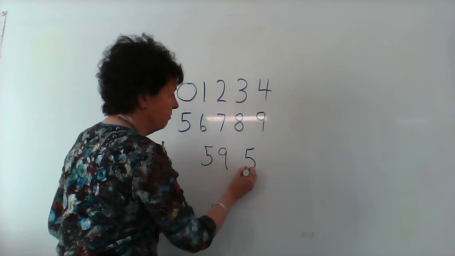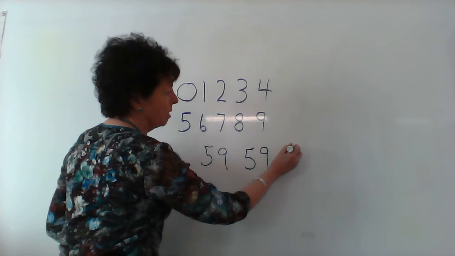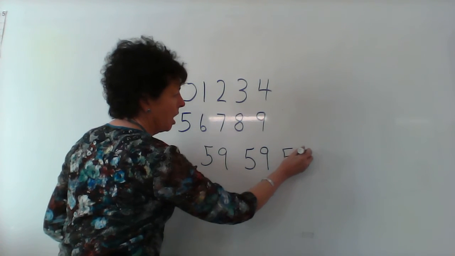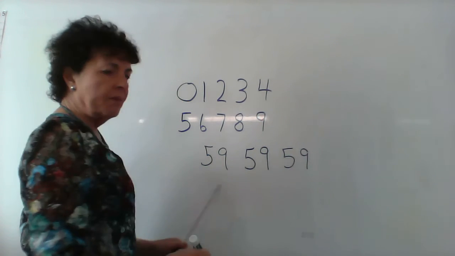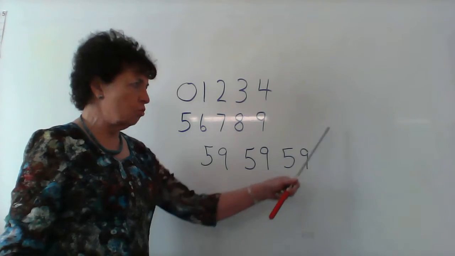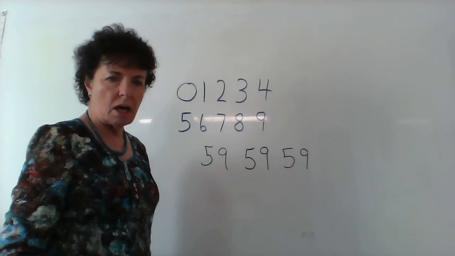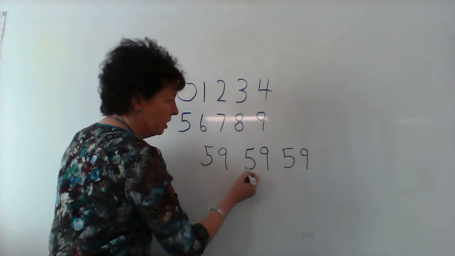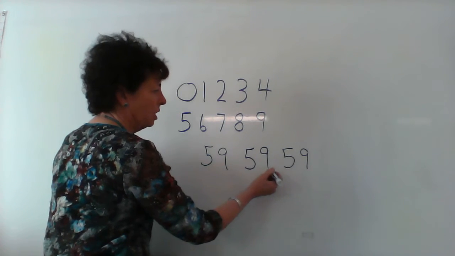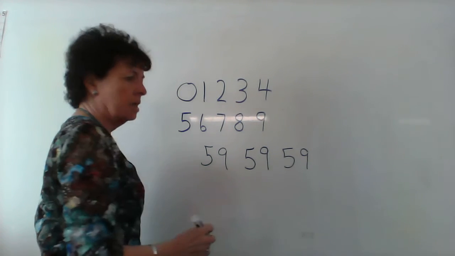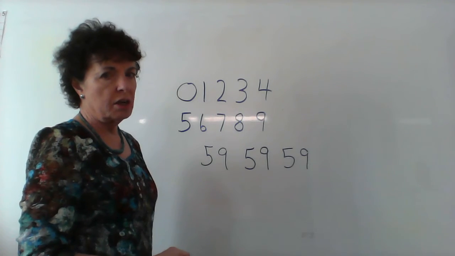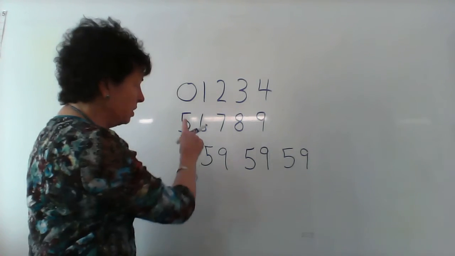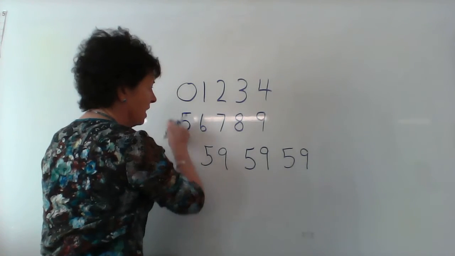So you had to write 59 again, and 59 again. And they said, how many digits? Write that number on the line. Well, some of you were writing 1, 2, and 3. But that's not a digit. Those are numbers, but digits are only these things.